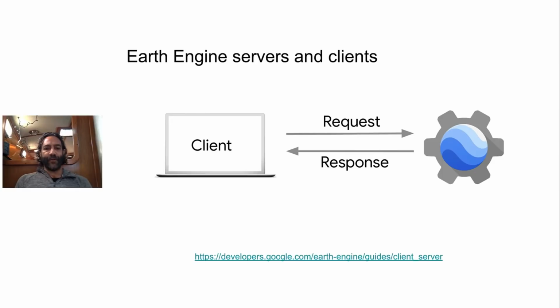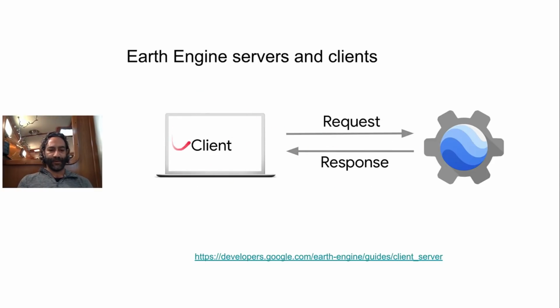It's important to note that those EE objects are in fact just handles for objects on the server. When you write some code in one of the client libraries, it turns that code into a JSON request object, which is then sent to Earth Engine for processing. On the server, the data that you've asked for are loaded and the computation that you've asked for is performed. Then the response is sent back to your client.